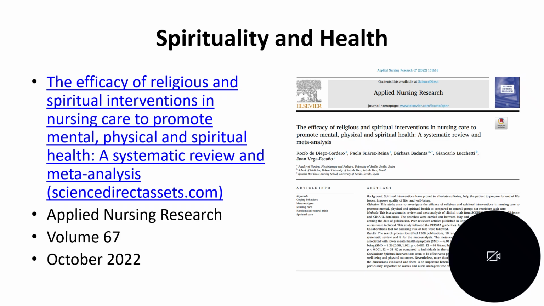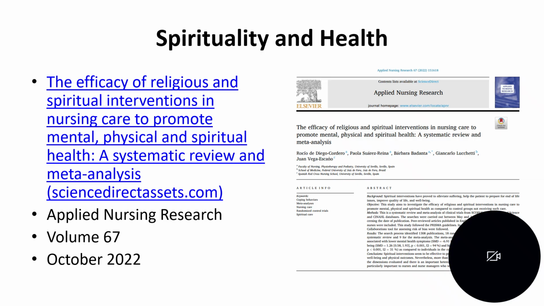And if you wanted to read some more, because I know some of you are deep thinkers, you want to be the best healer that God intended you to be, here's a very good summary article. It's a systematic review and meta-analysis published in the Journal of Applied Nursing Research in 2022.